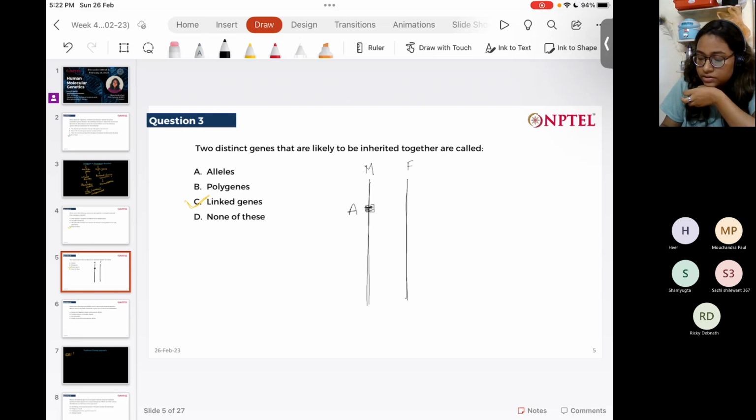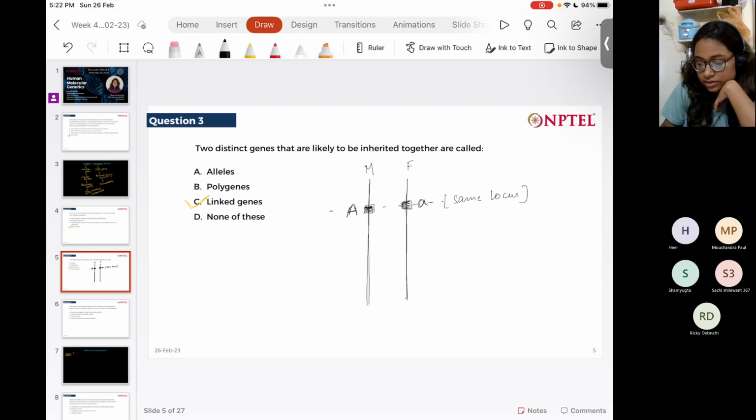So if this is A and this box is representing the locus, the position of gene A in the maternal homologous chromosome, from the father a slightly different version of A has been inherited. Let's say it is represented as small a. Now, capital A and small a are present at the same locus. These are the alleles.